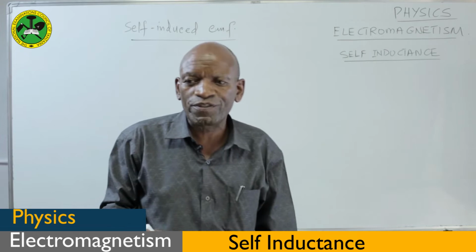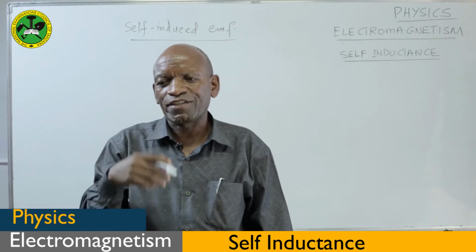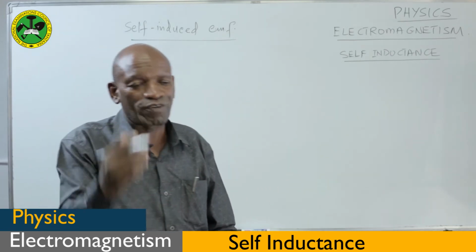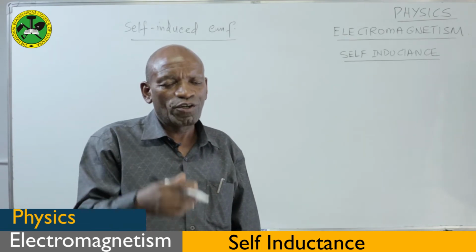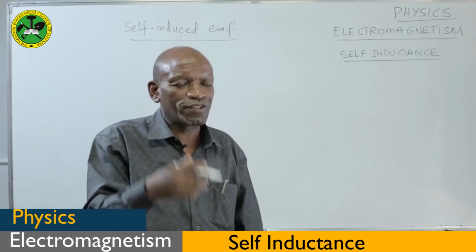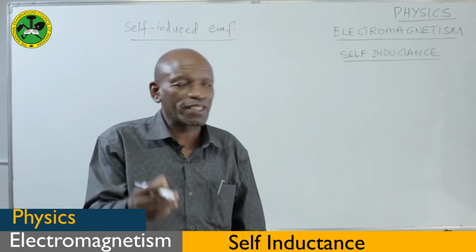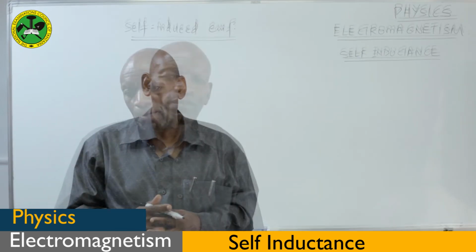The self-induced EMF is the one which happens in that particular inductor whenever the current flowing through the inductor is made to vary. So the EMF which is induced within the same coil or conductor is what we call the self-induced EMF, or the back EMF. And as I've already said, this back EMF opposes the growth of the current which is flowing through that particular inductor.